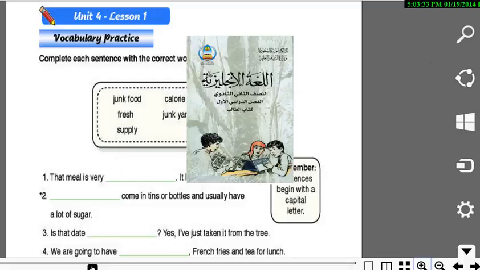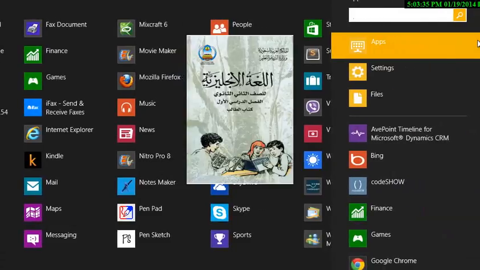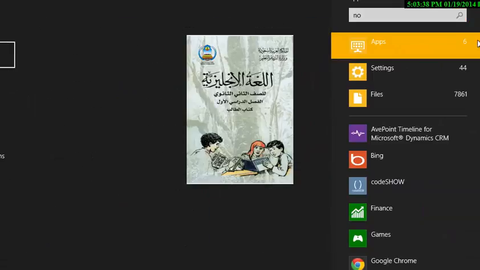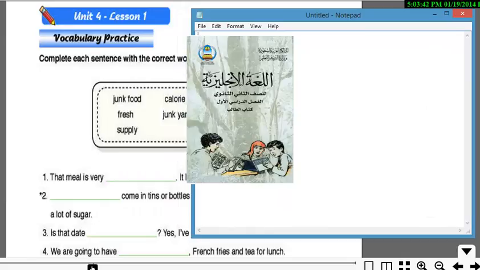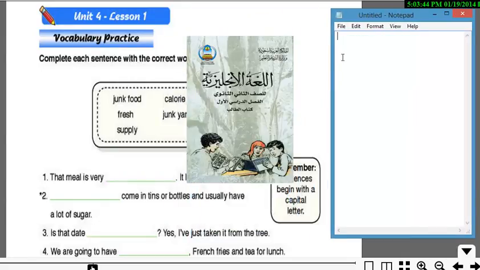Well, let me just remind you again of the method that we used, according to what your book is requesting from you, to learn how to deal with new words. You usually start by separating the word into syllables. So let's say in terms of soft drinks, it's one word here, but you can separate it into maybe 3 parts.